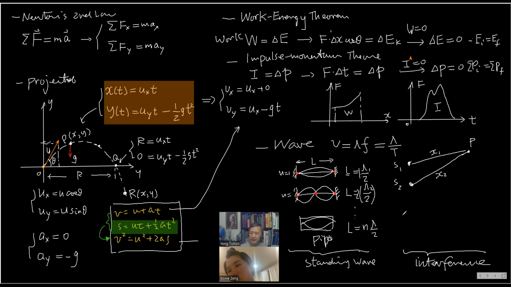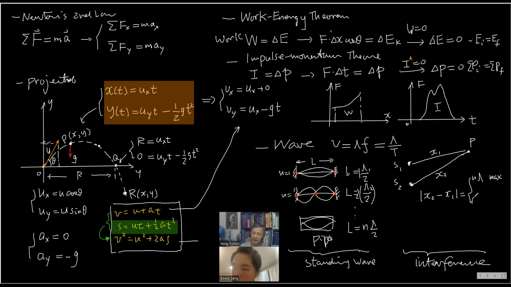So basically, the interference says that if the difference between these two paths is a multiple of wavelengths, n multiplied by lambda, they get bright. They get maximum interference.